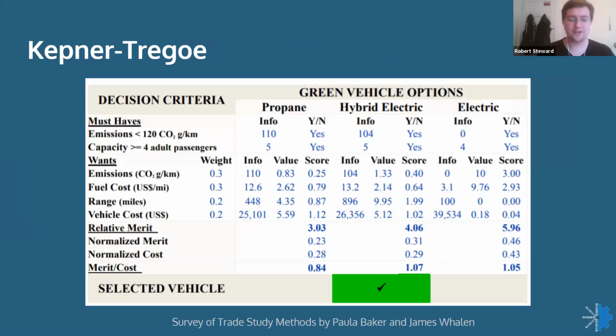Now the third matrix method that I have here is called the Kepner-Tregoe. I think that's how you pronounce it. It's very similar to that weighted rating, but you try to include the numerical values that you're trying to pay attention to, and you separate out into your musts and wants.